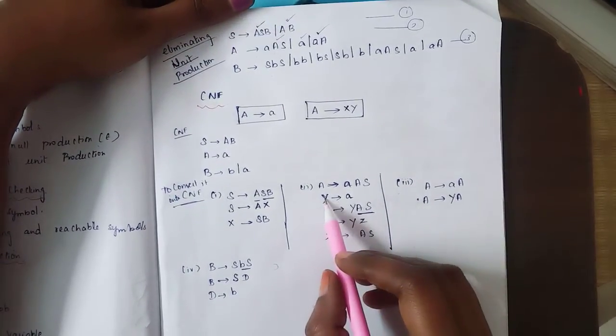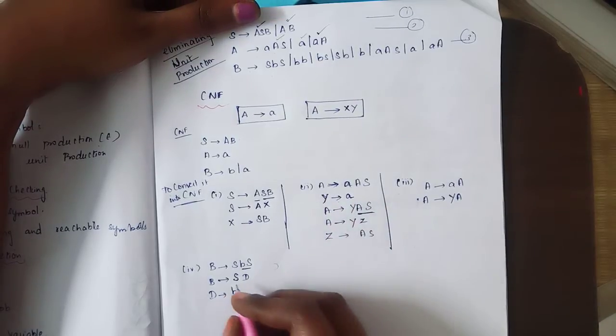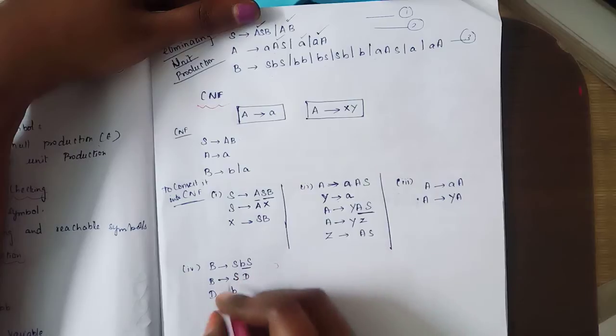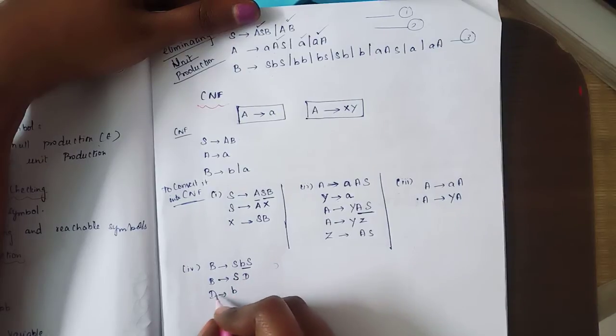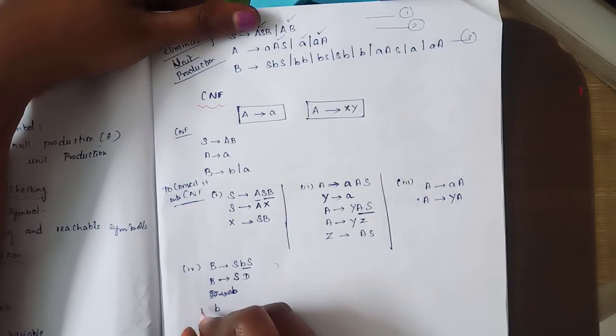So already Y contains a, right? So just now, before you make this one, you have to see b. So for b I'm just using the variable E. So E tends to b.